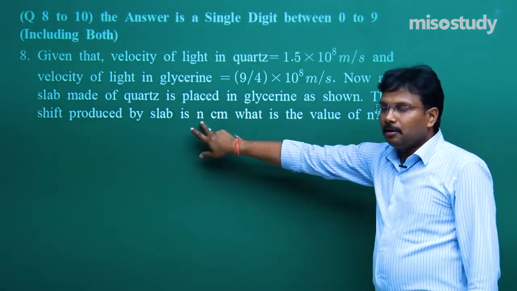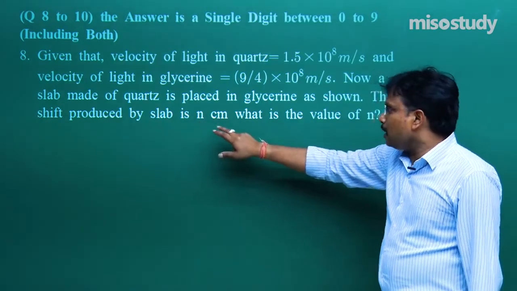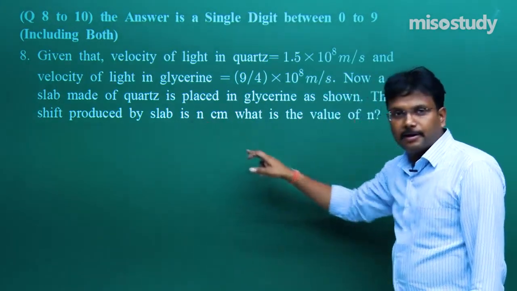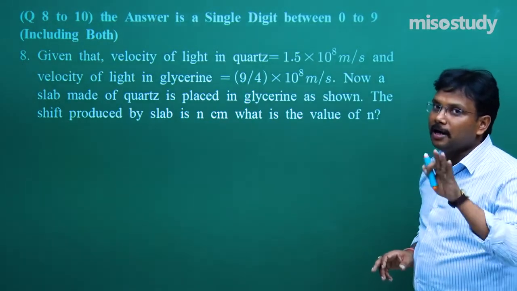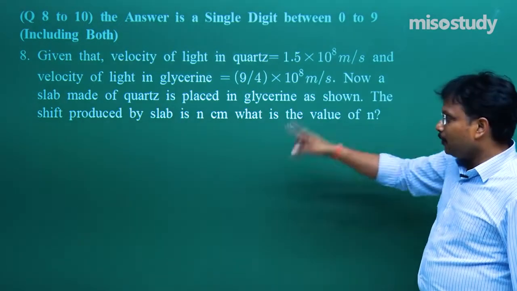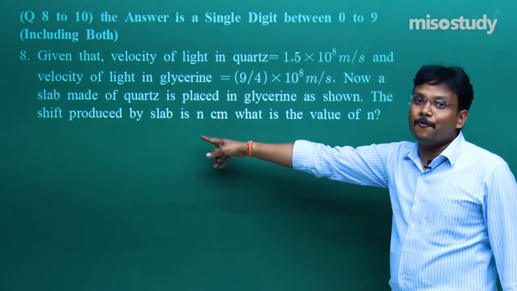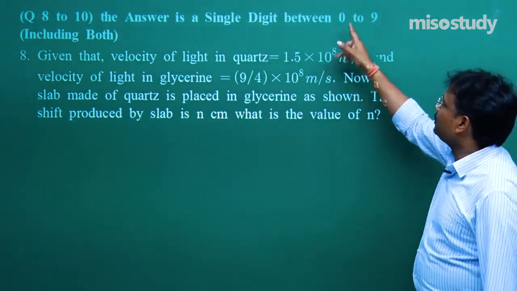So n centimeter, as per the numbers you will get the value of n. Here I presented it symbolically, because if there is a minute error in calculation, things are going to be difficult. That's why I deliberately did not put 20 or 15, because I was trying to put a value which will definitely give you between 0 to 9.